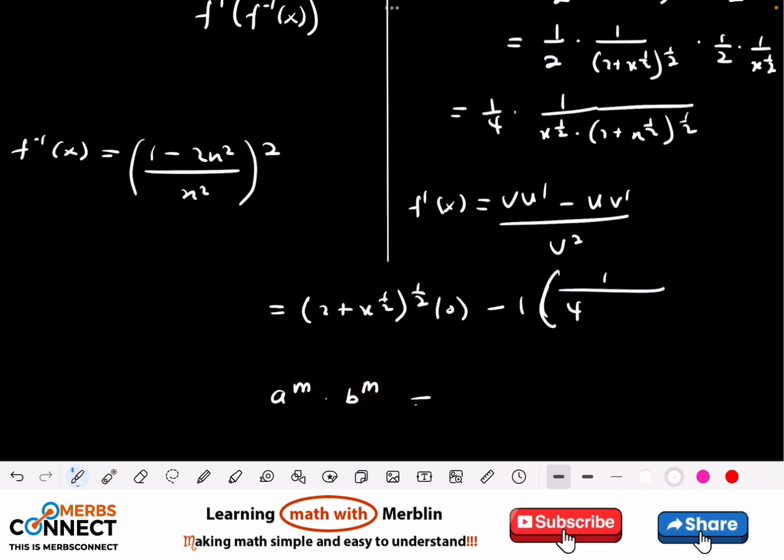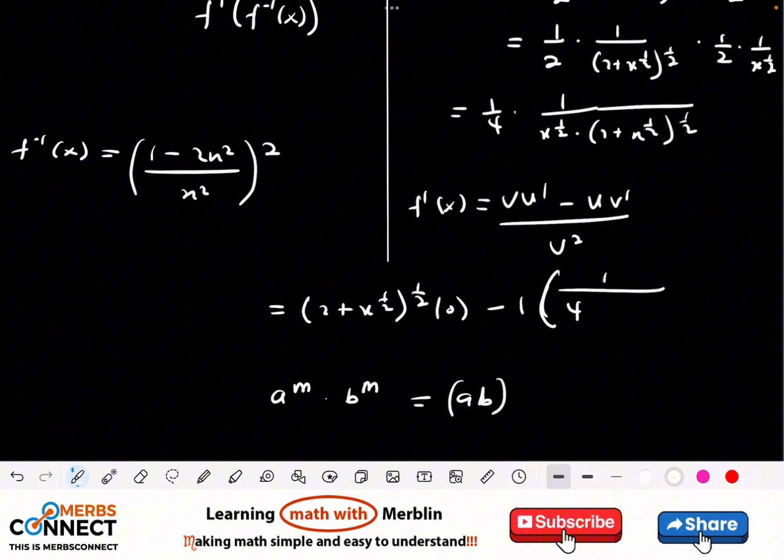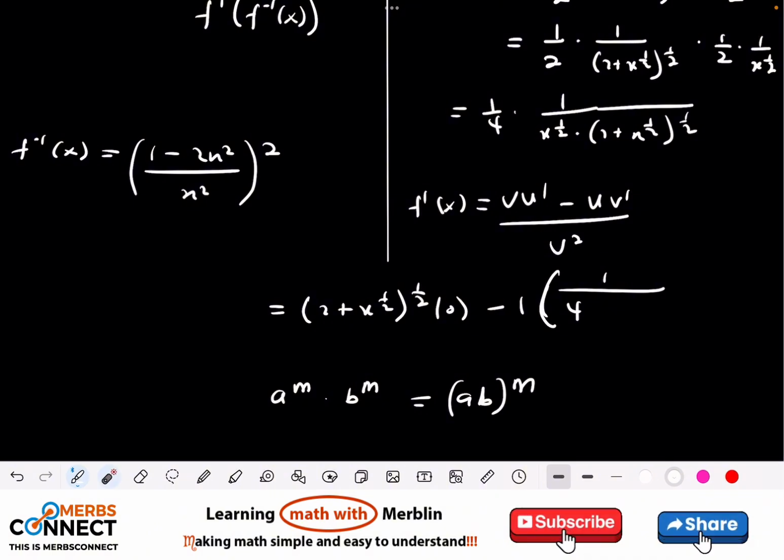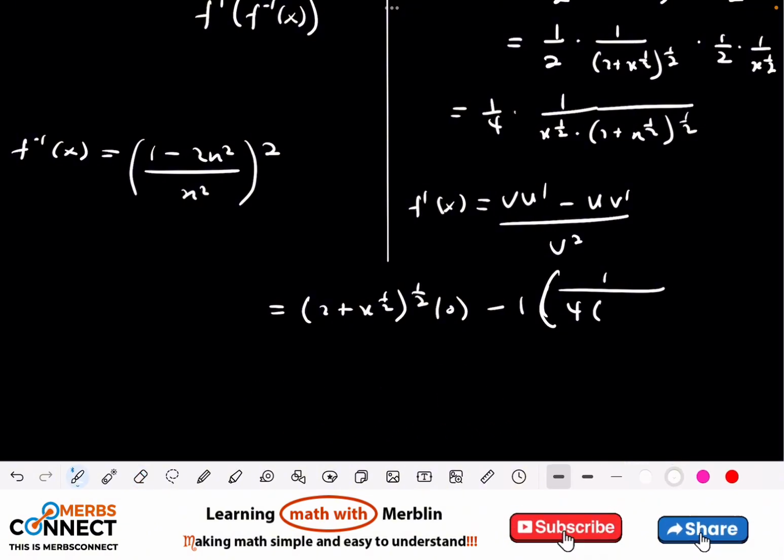So this one can be written as ab to the power m, right? So look at this. This here is to the power half. This here too is to the power half. So I can combine this all to the power half. So I'm going to have x times 2 plus x to the power half all to the power half. So here, that's how we are going to get.